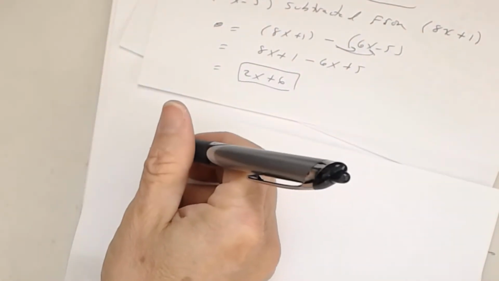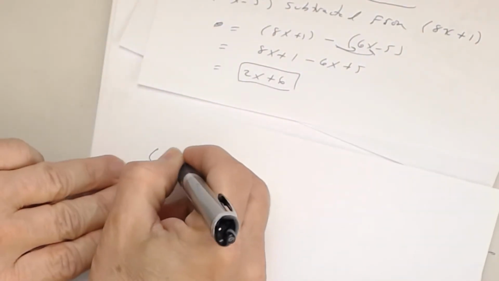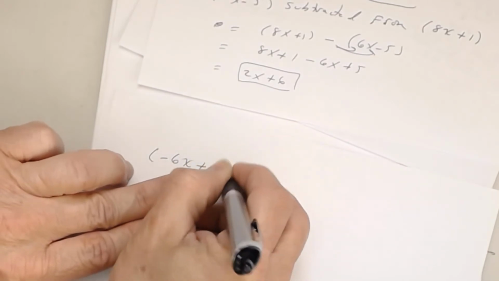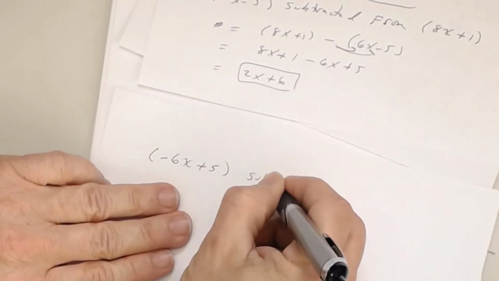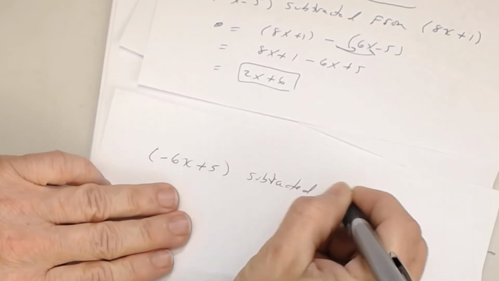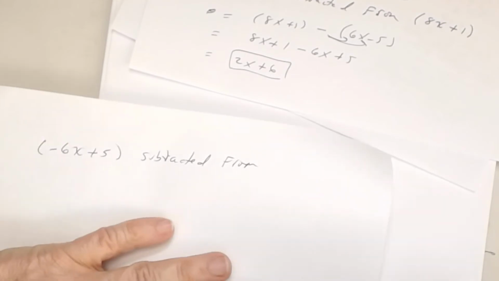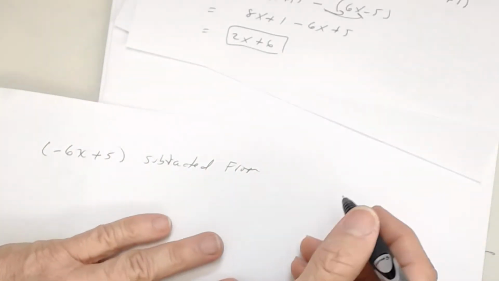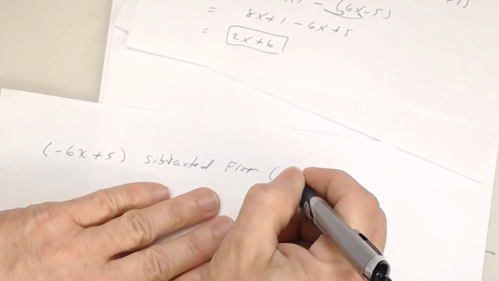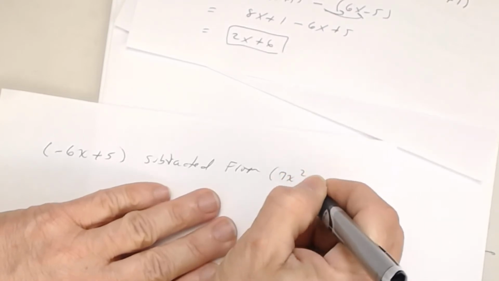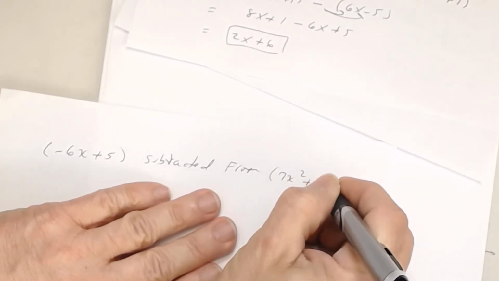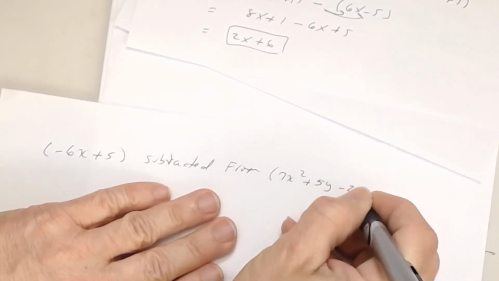Okay, suppose you had negative 6x plus 5, subtracted from, and let's say it was being subtracted from 7x squared plus 5x minus 2. So that polynomial is being subtracted from the other polynomial.